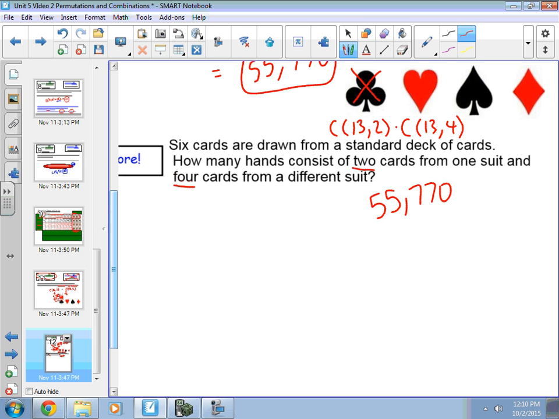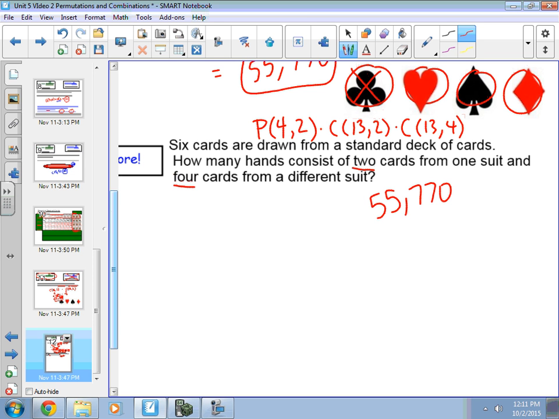So what we're going to need to add to this is a permutation, because the order of the suits is important, whereas the cards are not. So how many suits do we have? There's 1, 2, 3, 4 suits. And the number of suits that we're getting is one for the 2 cards and one for the 4 cards, so we're choosing 2 of the 4 suits.